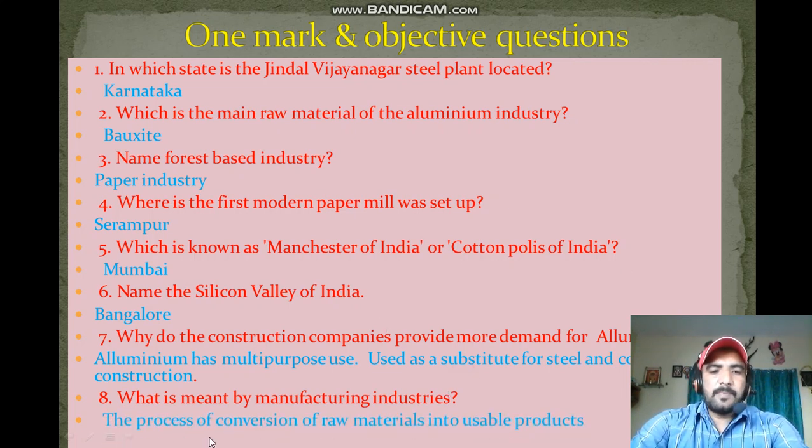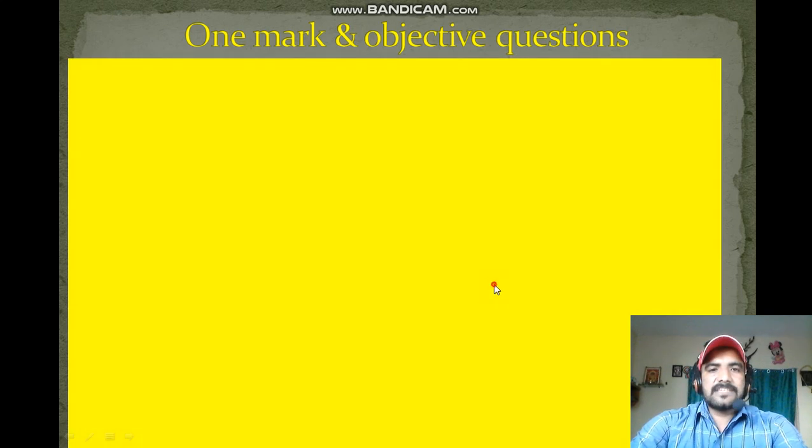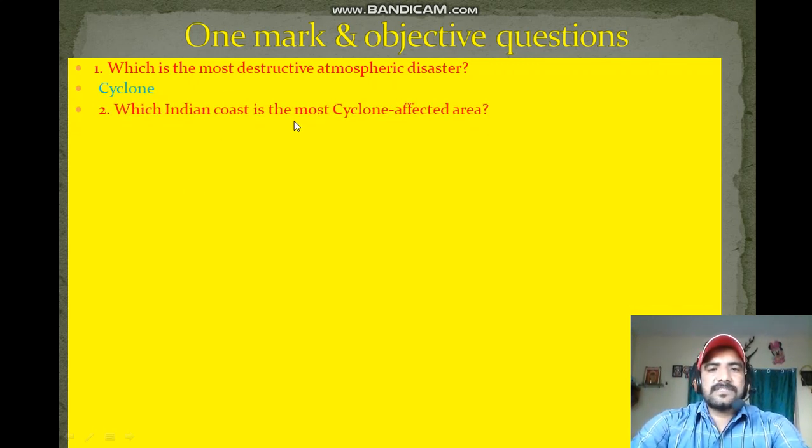It means the process of conversion of raw materials into usable products. That is manufacturing industry. Go to next one, which is the most destructive atmospheric disaster? That is cyclone. Next one, which Indian coast is the most cyclone affected area? That is the eastern coast.